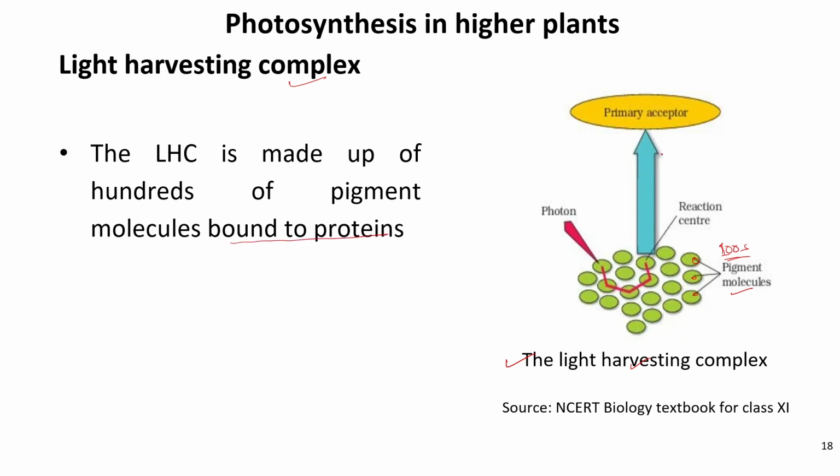These pigment molecules, also known as accessory pigments, absorb the photons, the energy present in the sunlight, and transfer it to what? The reaction center, which is made up of what? Chlorophyll A. Then chlorophyll A gets excited, electrons are released and they are accepted by the primary acceptor. So again, the light harvesting complex is made up of hundreds of pigment molecules bound to proteins.